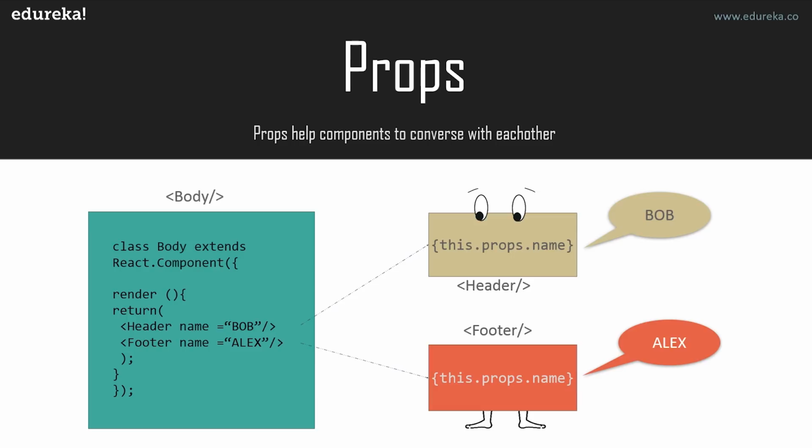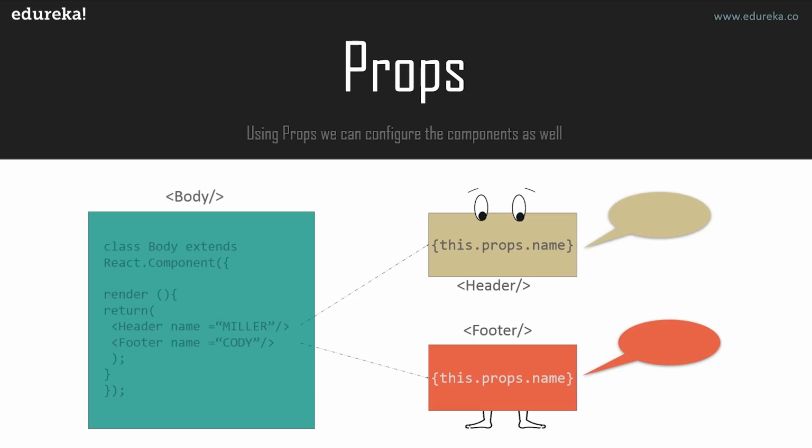In Header, name equals Bob, and in Footer, name equals Alex. How can I access this property in the class component? By using this.props.name. So what will this.props.name return? In the Header component, it will return Bob, and this.props.name in the Footer component will return Alex.